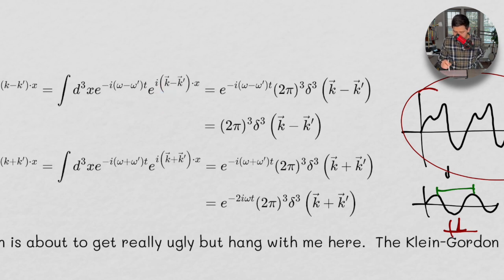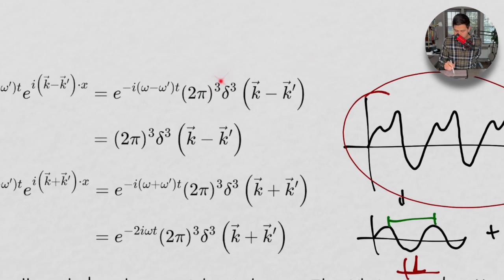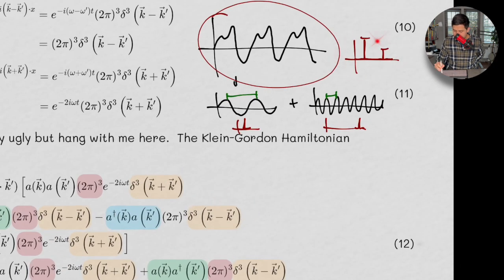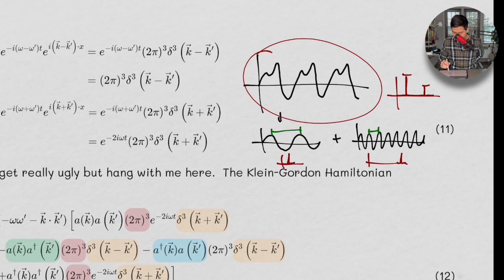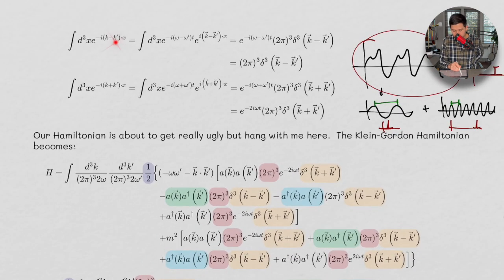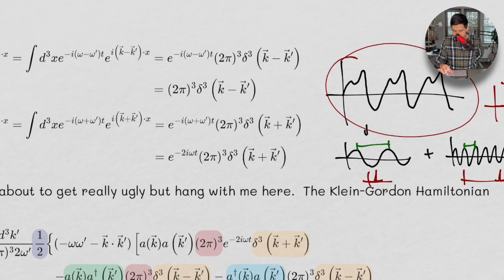And so what this is, is a spike, right? This here is a spike at the value of k minus k prime. That spike, again, is one of these spikes right here. So we're taking this complex wave, okay? We're taking the spatial components of this complex wave, and we're saying that this thing corresponds to some spike in frequency space, okay?